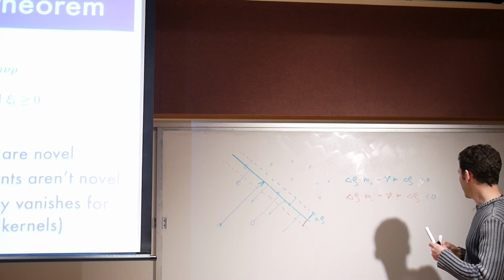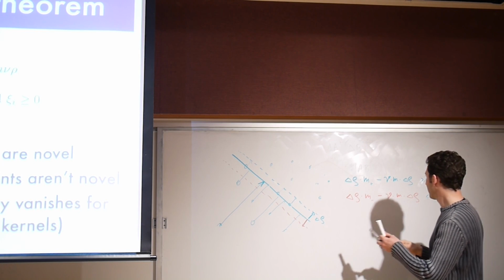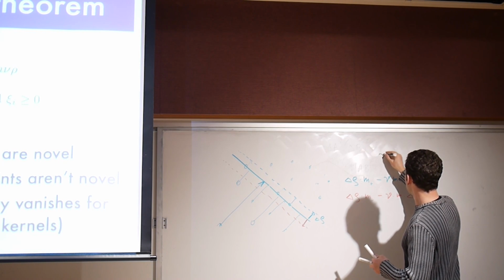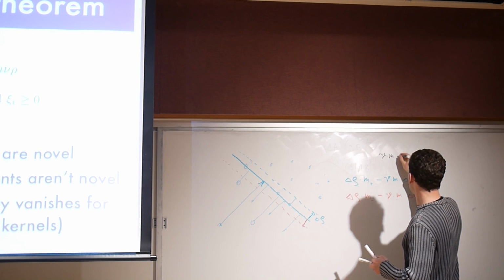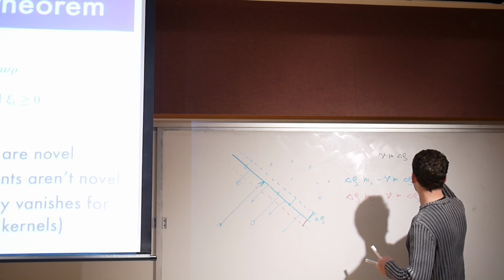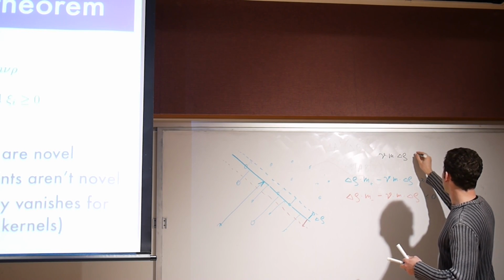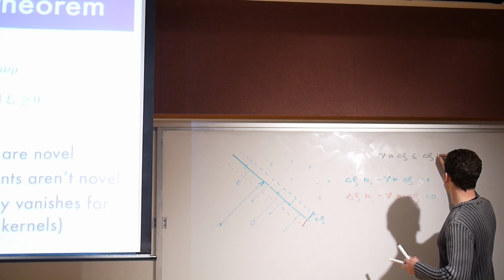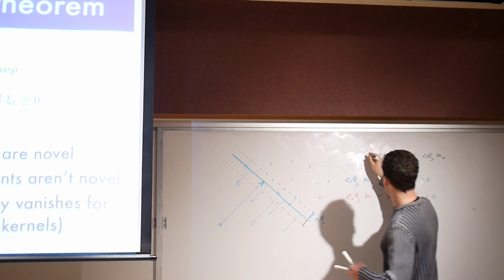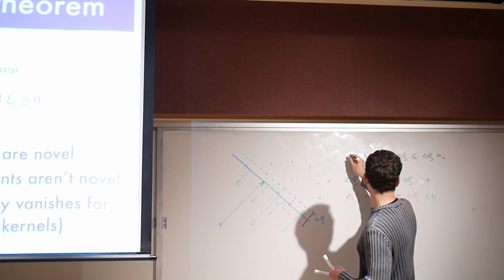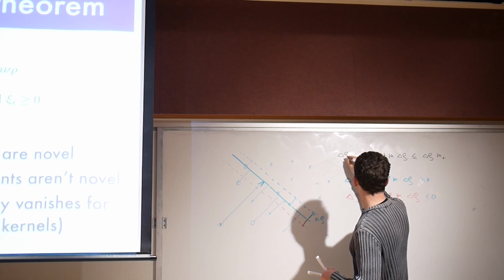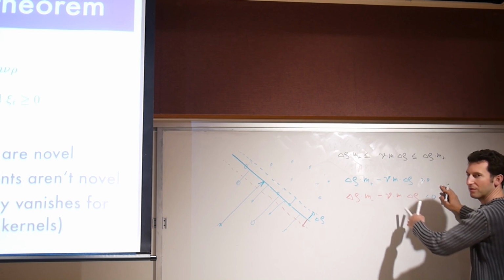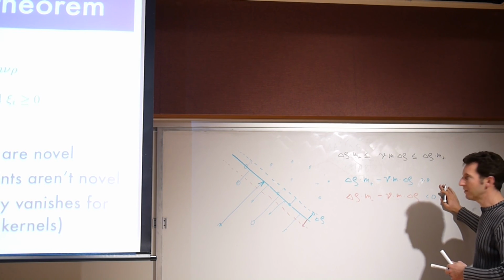So plugging things in, I get the following condition. Nu times m times delta rho is less equal than delta rho times m plus, which is less equal than delta rho times m minus. Just combining these two conditions. Right.